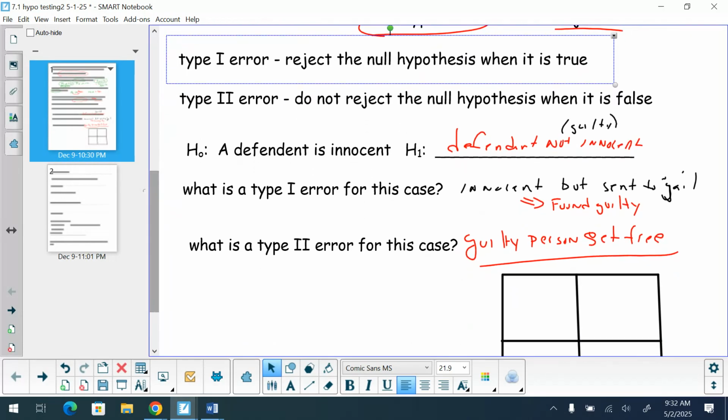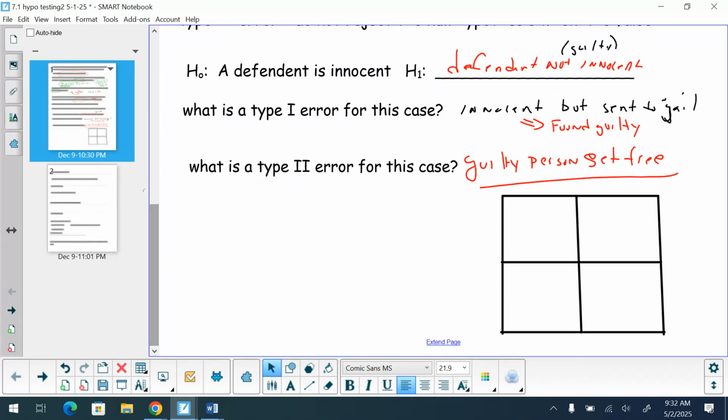We talked about what would be a type 1 and type 2 error. What you will see in regards to this information will be a matching section at the beginning of the next quiz. The matching section will be type 1, type 2 error, what is the hypothesis test, so on and so forth.